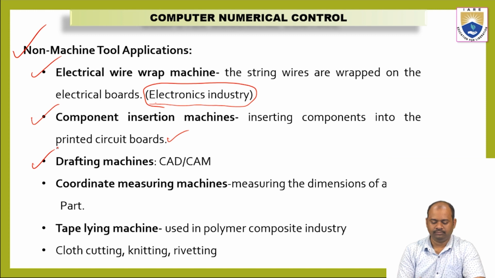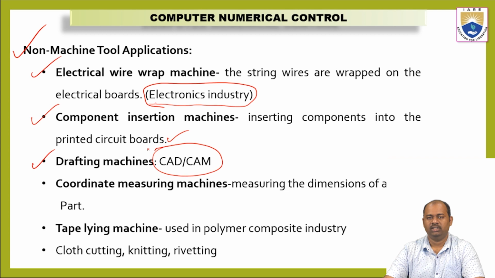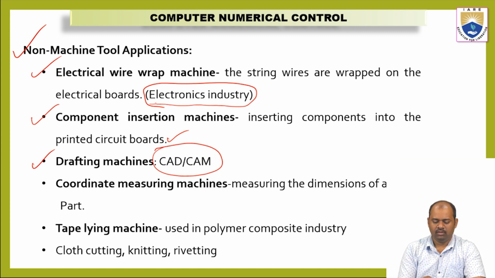And then the third one, drafting machines. As we all know, CAD/CAM, computer aided design and computer aided manufacturing, are directly related to drafting machines. We can design an object and convert it into an actual hard body, that is the workpiece. So the entire thing comes under drafting machines where we can use the CNC.